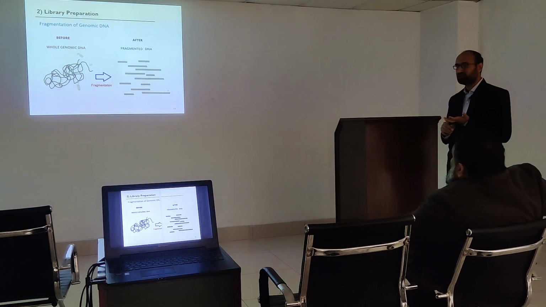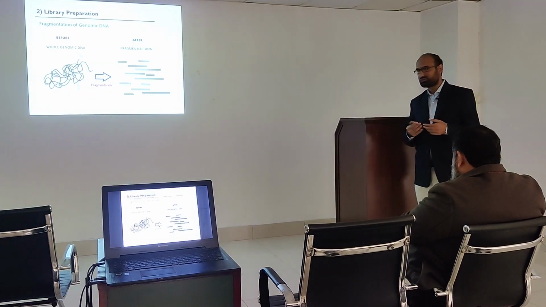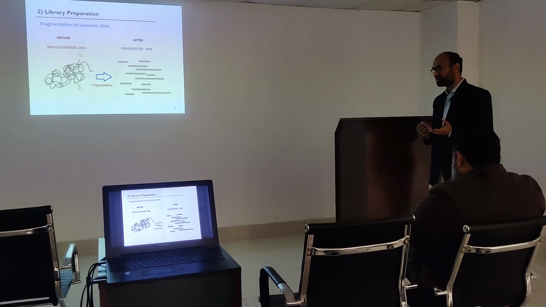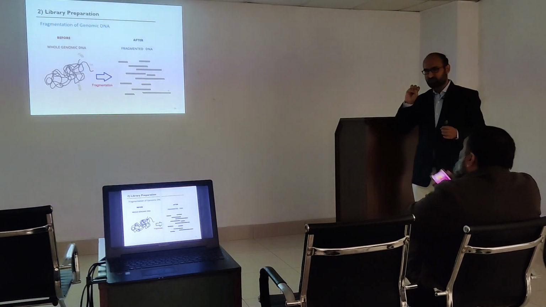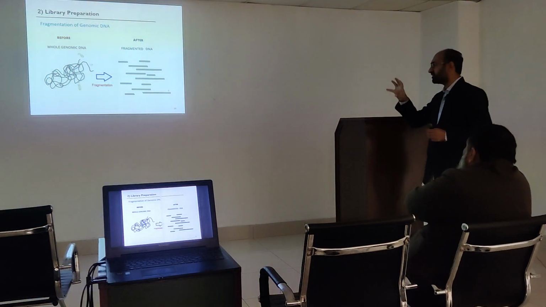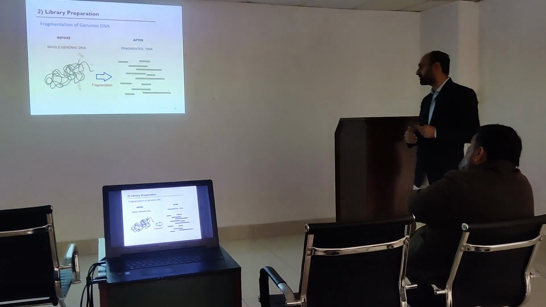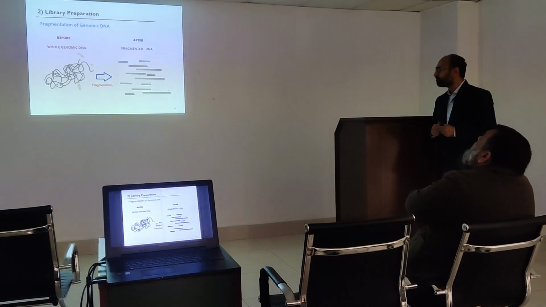What is the mechanical way? Using sound waves. There are instruments like sonicators or Covaris which produce a sound wave of specific intensity. Those waves strike the genomic DNA and break it into different fragments. So this is one method.